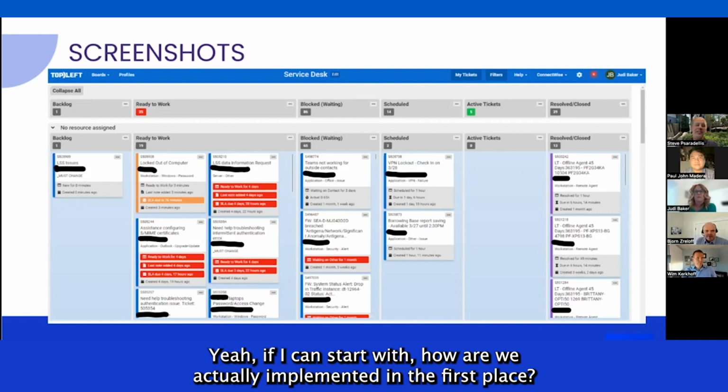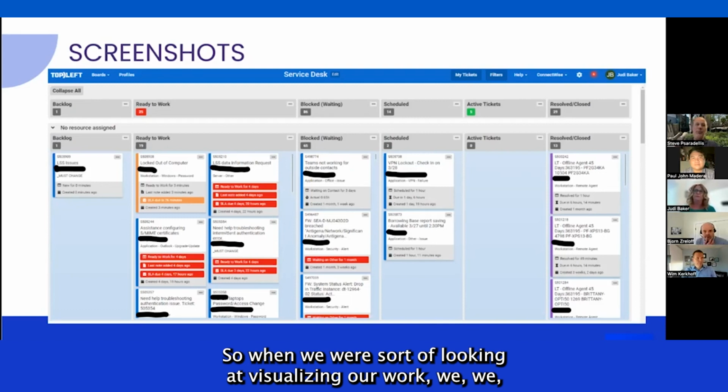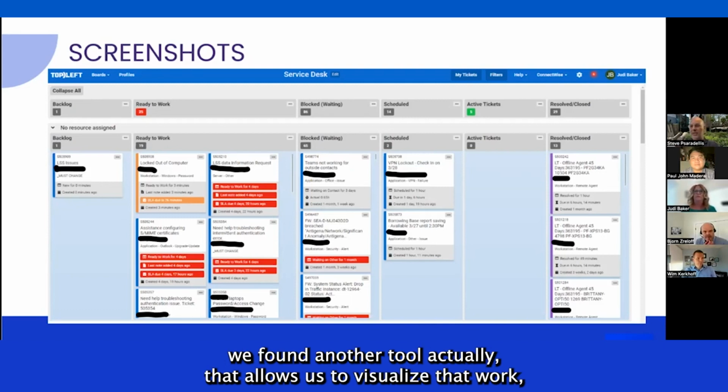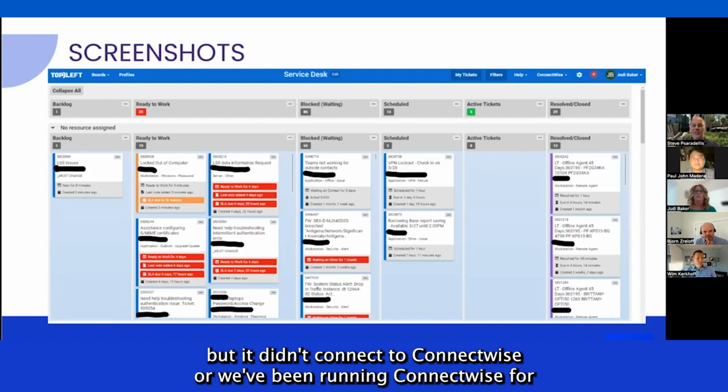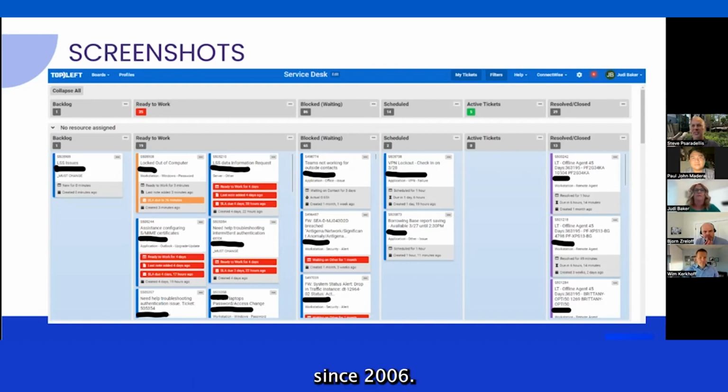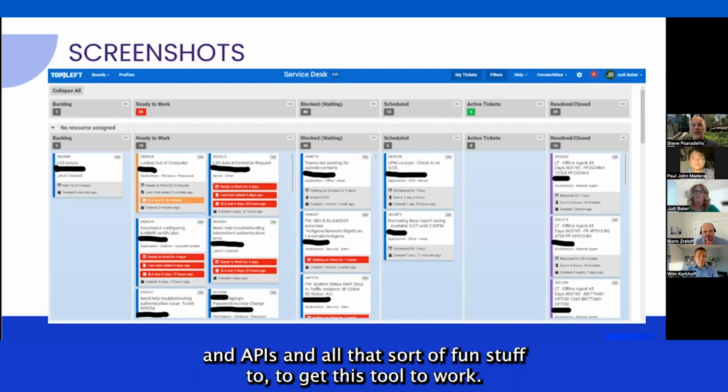If I can start with how we actually implemented it in the first place. When we were looking at visualizing our work, we found another tool that allowed us to visualize our work, but it didn't connect to ConnectWise. We've been running ConnectWise since 2006, I think. We were busy writing connectors and APIs and all that sort of fun stuff to get this tool to work.